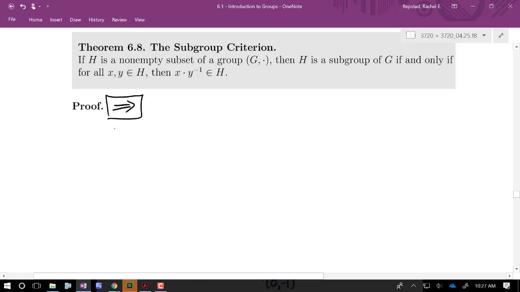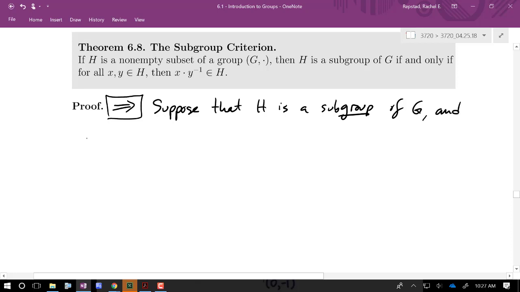is fairly straightforward. So we're going to suppose that H is a subgroup of G. And we'll let X and Y be 2 elements of H. We want to show that XY inverse is in H. Well, what we have to go on is that H itself is a group.